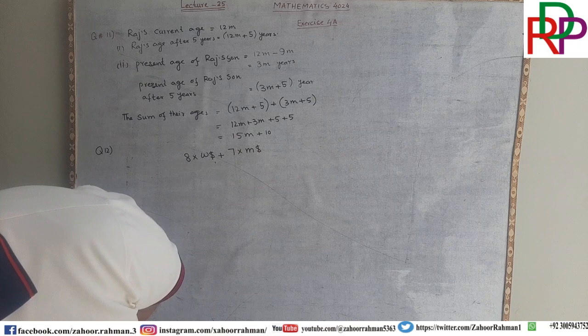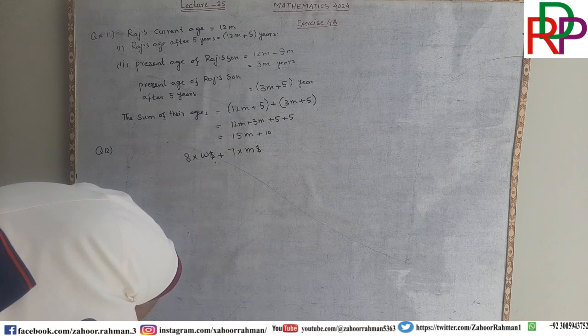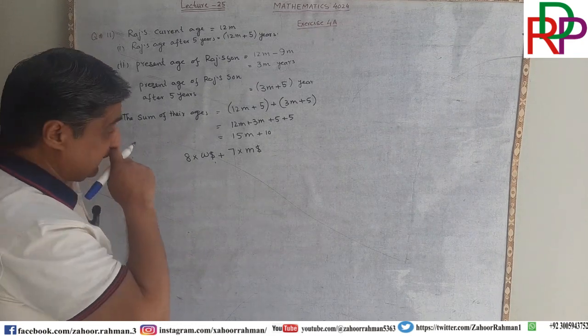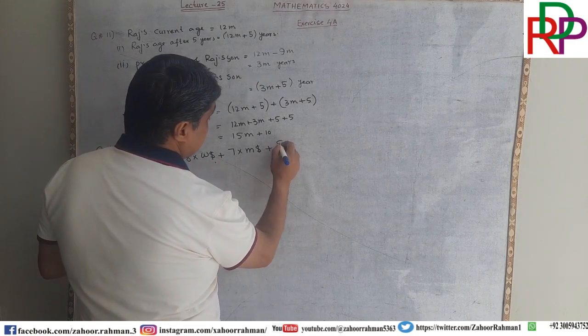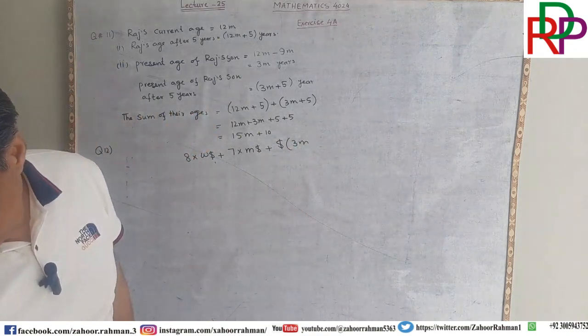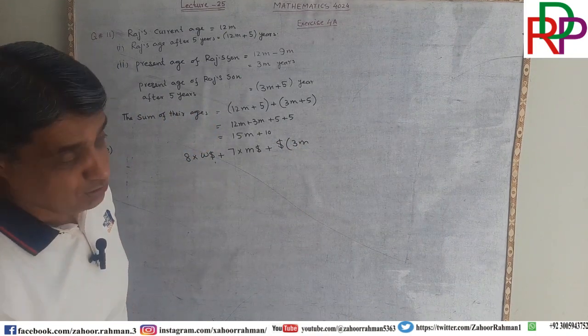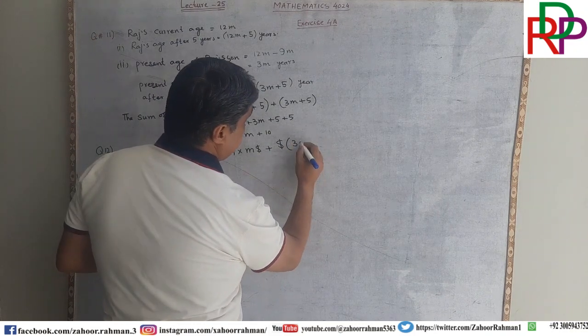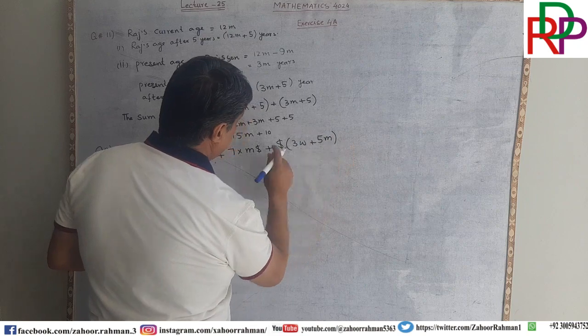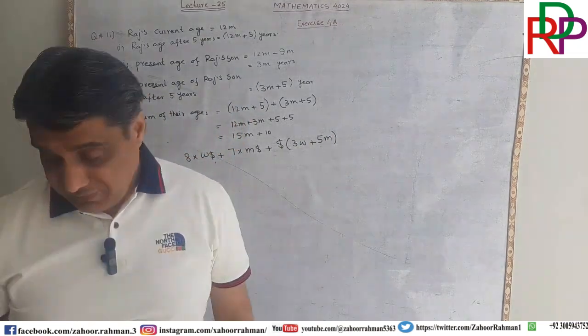She had 3W plus 5M dollars left, 3W plus 5M. That was the total money with her.